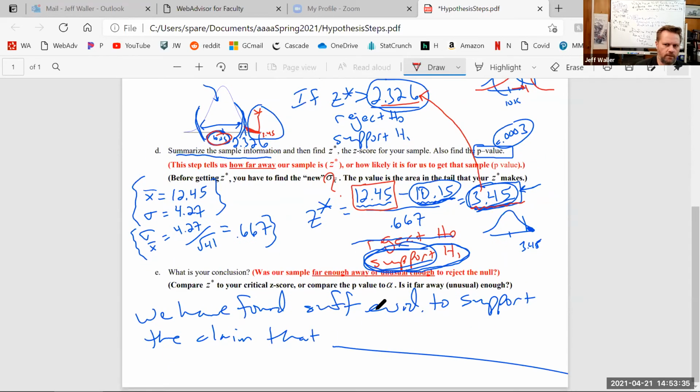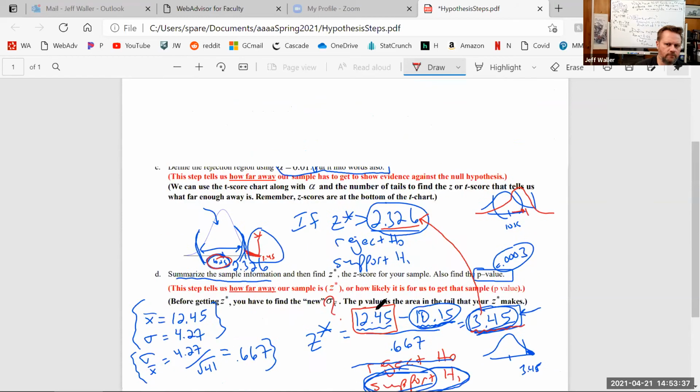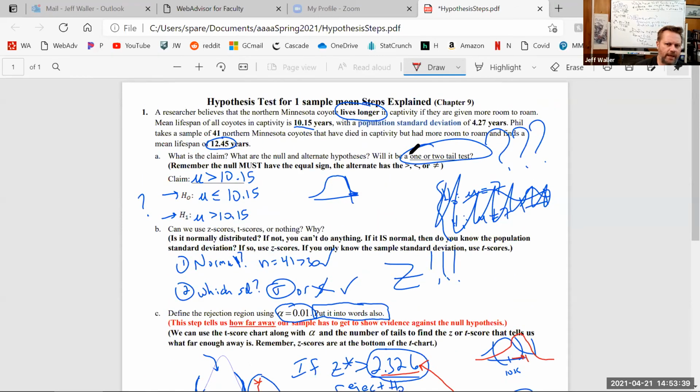Yeah. So what does that mean? What does that mean should happen at every zoo or wherever else that holds coyotes? What should they do based on this clinical study? What did we just prove?